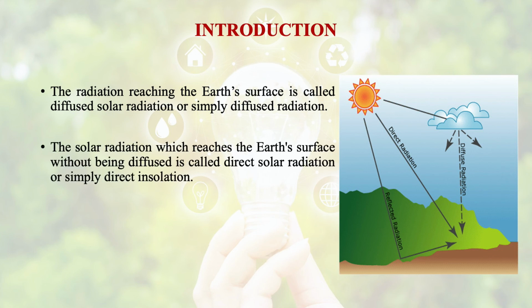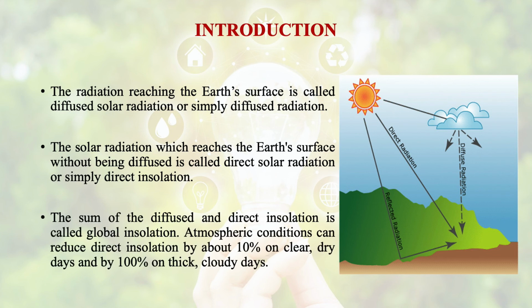The radiation which reaches the Earth's surface without being diffused is called direct solar radiation, or simply direct insolation. The sum of the diffused and direct insolation is called global insolation, and atmospheric conditions can reduce direct insolation by about 10% on clear, dry days and by 100% on thick or cloudy days.